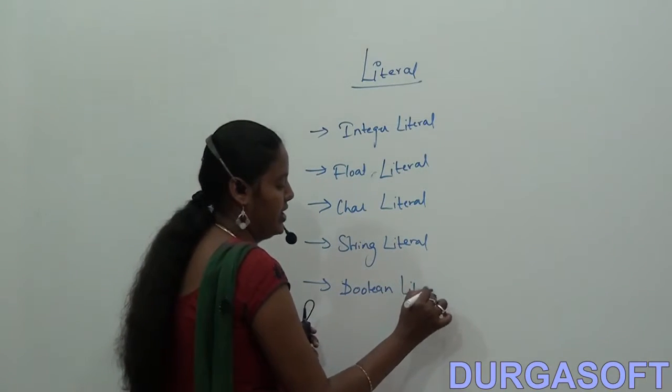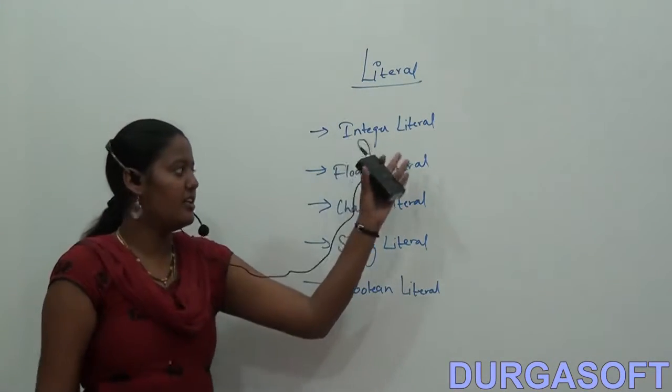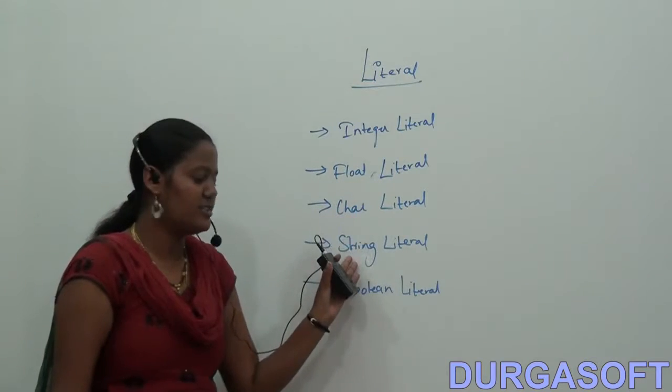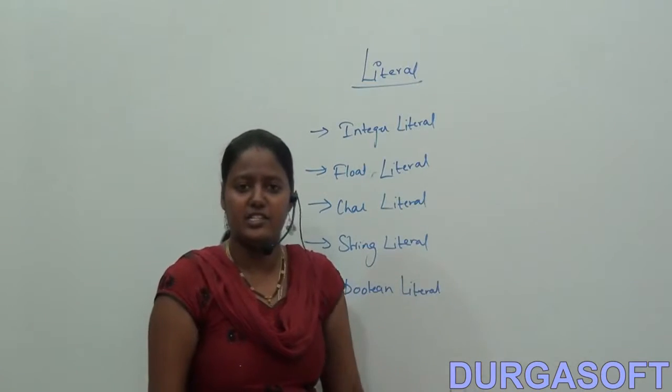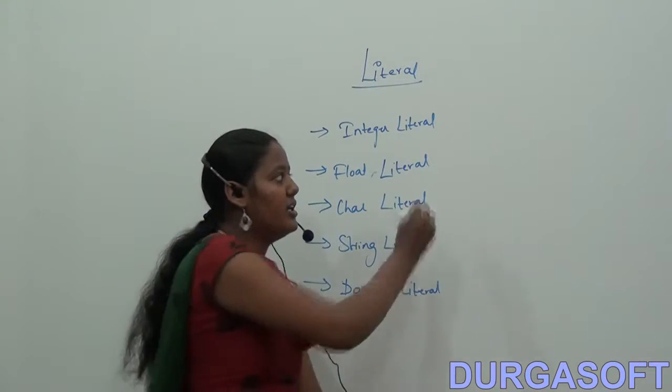We have here 5 types of literal, that is integer literal, float literal, char literal, string literal, and boolean literal.